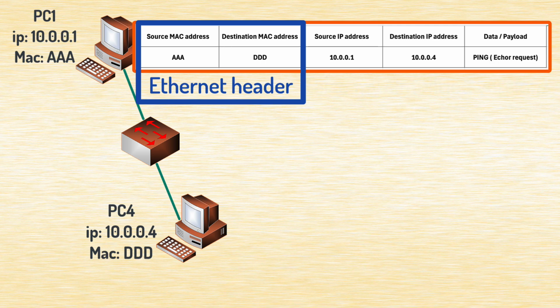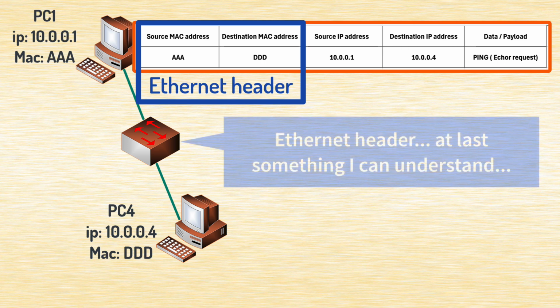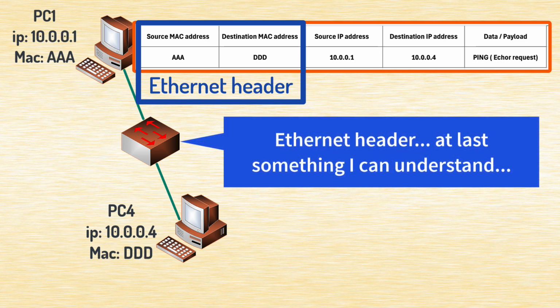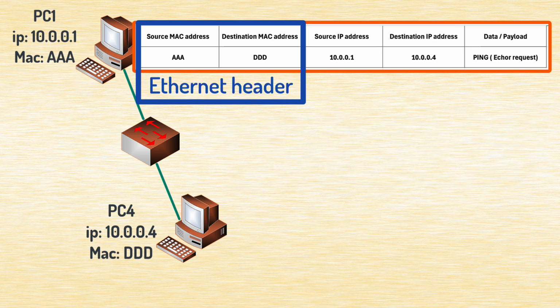Because remember, this switch in the middle has no idea what an IP address is. So far, all the information that was created by PC1 is useless for the switch, because the switch can only read MAC addresses really. So PC1 simply adds source and destination MAC address as well. So in this case it adds AAA as a source and DDD as the destination MAC address.